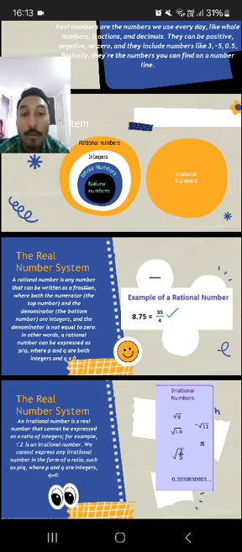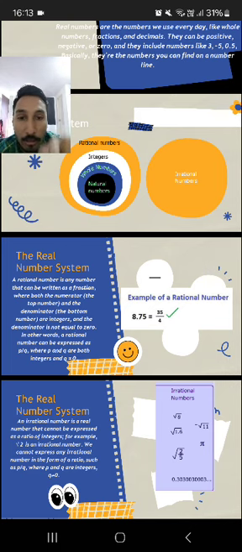So what is a rational number? A rational number is any number that can be written as a fraction where both the numerator and denominator are integers. What is the numerator? It means the top number, the number above the division line.